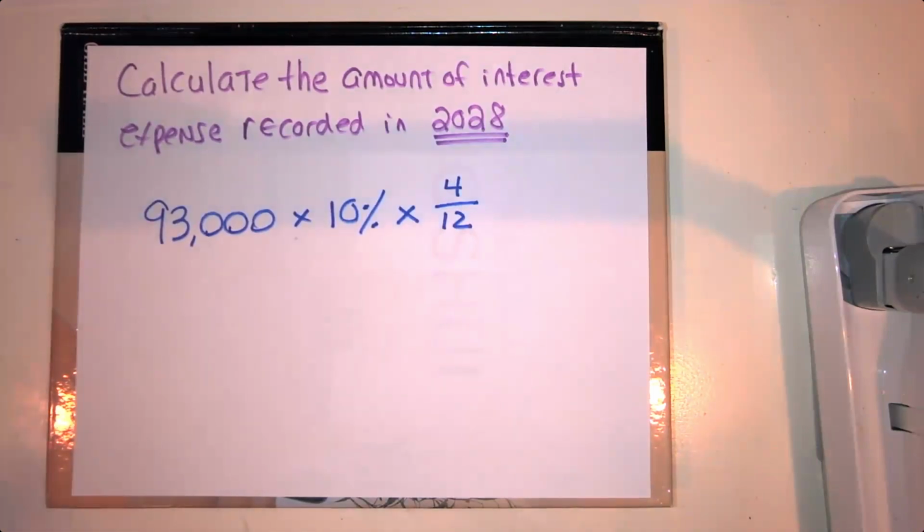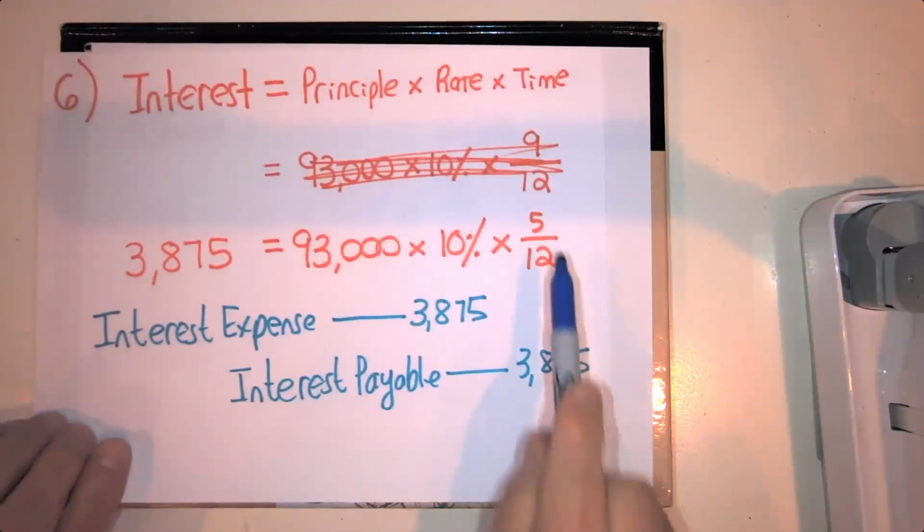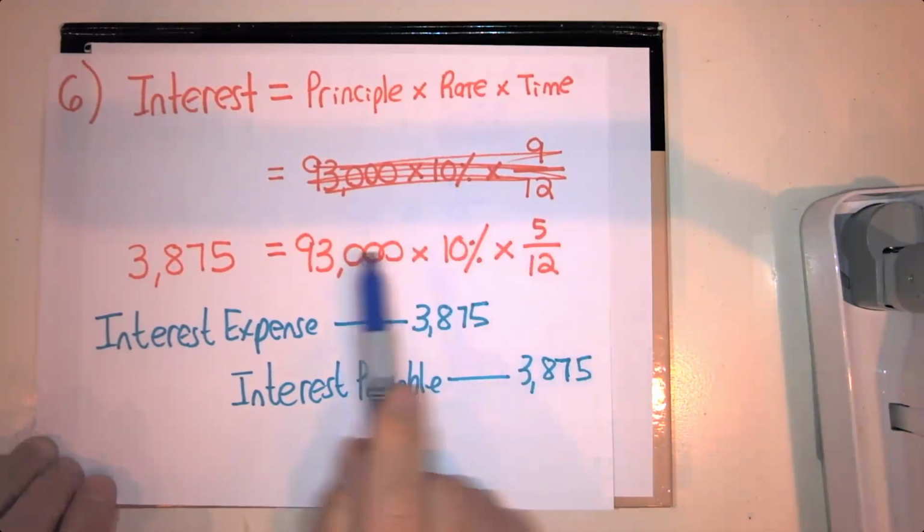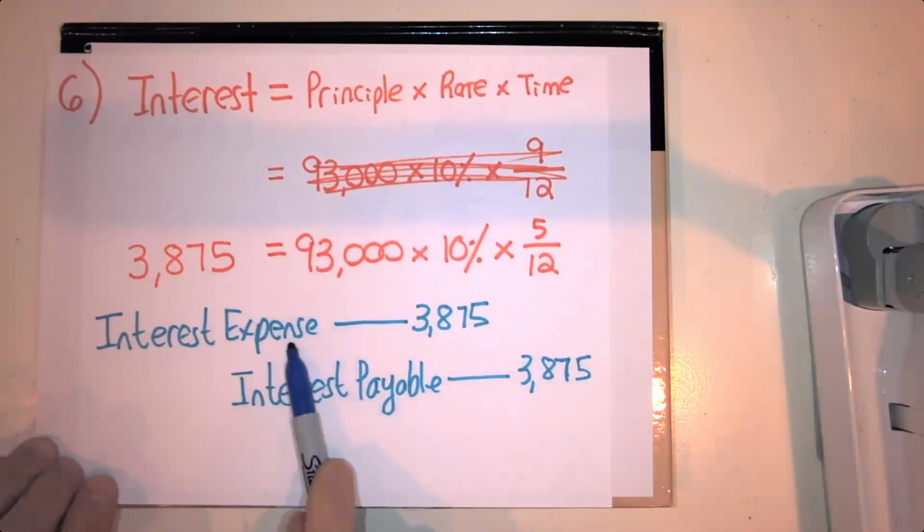Look, it is a 9-month loan. The issue that we have is that those 9 months span 2 different years. 5 of the months happened in 2027, and thus were an expense in 2027.